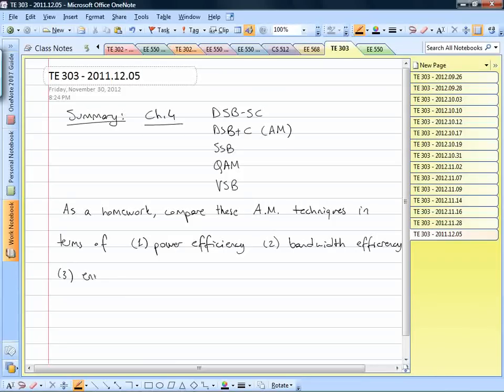Envelope detection possibility, let's say, 4. Risk of crosstalk, distortion at the receiver.